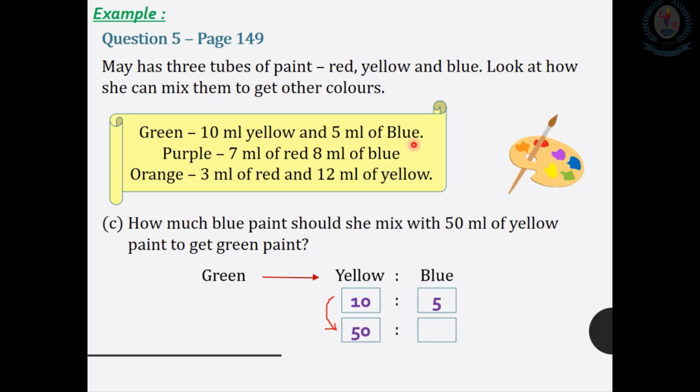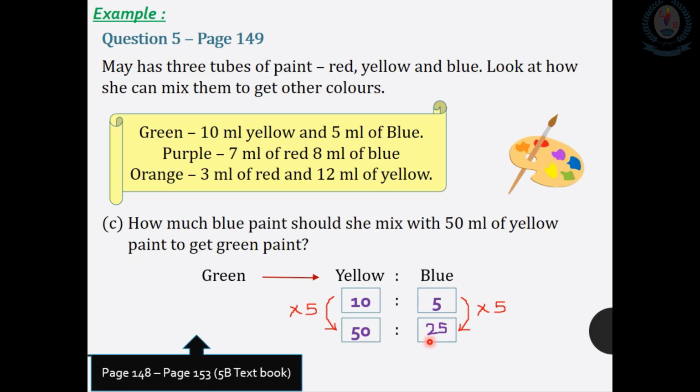How, children? Yes, when 10 is multiplied by 5, the number 50 comes. So we will change the second term even by multiplying it by 5. So 5 times 5, 25. Then here we understand she has to mix 50 milliliters of yellow paint with 25 milliliters of blue paint.